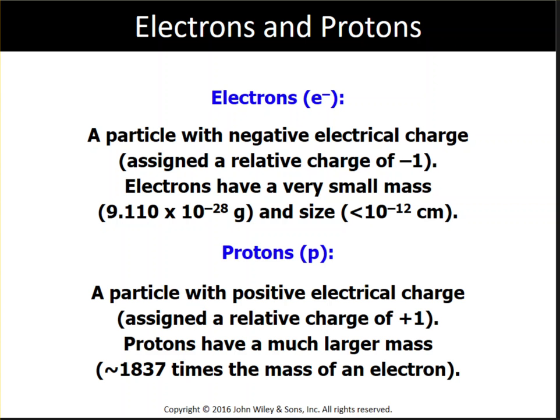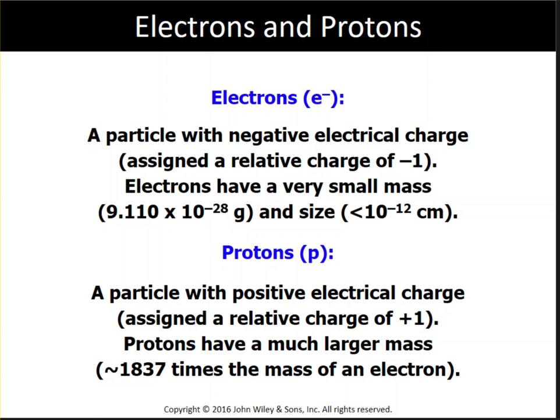And by different experiments, scientists were also able to find the mass and size of the electron. The mass and size of the electron you don't need to memorize. You need to know that electrons have a negative charge. That's the only one you're required to memorize.